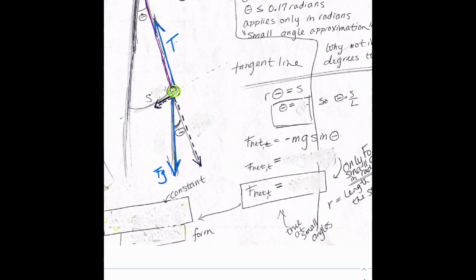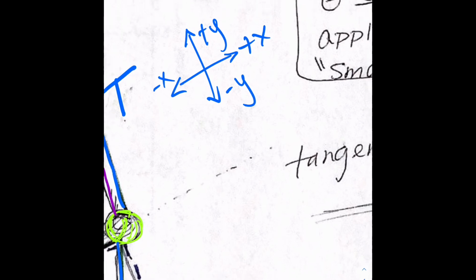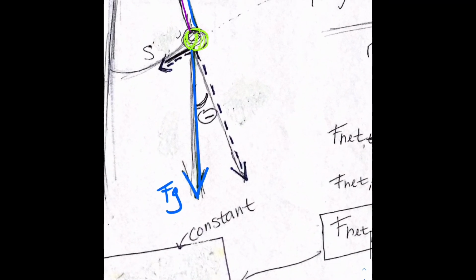So we're actually going to use a coordinate system that points straight up and down like this, and then left and right like this. And the idea here is that the x direction will be the tangential direction, and the y direction will balance out the tension. So we're going to split force of gravity into its components in this new coordinate axis system. So here, this is the part of force of gravity which we can call FGY.